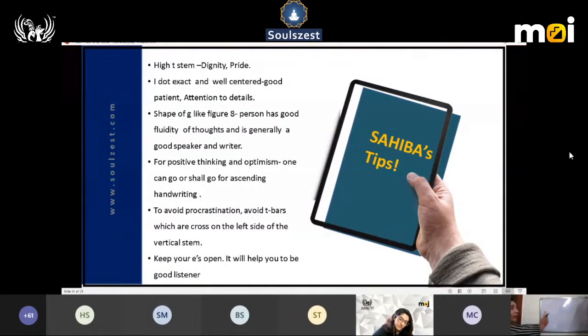Now, please make sure that the handwriting has to be on an A4 sheet. Even as a graphologist, जब हमारे पास दो handwritings आती हैं where the one is on the A4 sheet and one is on the ruled paper, we do not take the ruled paper sheet as the handwriting sample. Because ruled paper अगर आपको दे दिया गया तो आपको हम margins नहीं देख पाएंगे. We would not know whether your handwriting is ascending, stable, descending. We would not be able to tell.